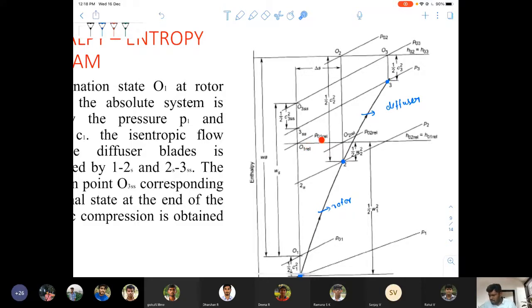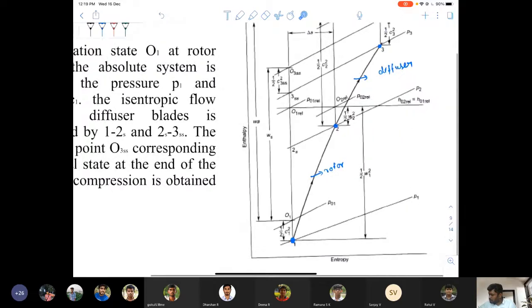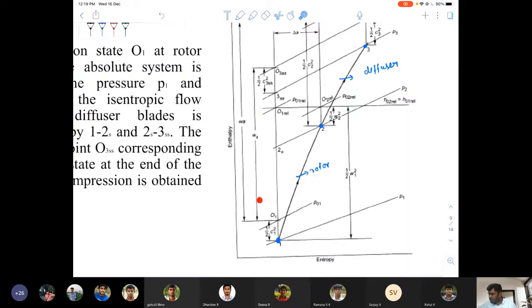This P01 REL is the relative stagnation pressure at point 1, and this is the relative stagnation pressure at point 2. This is the enthalpy at point 2 and point 3. And this is the isentropic work, and this is the actual work.